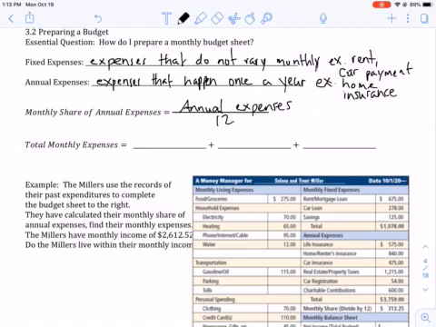Now, to find your total expenses for the month, we do our living plus our fixed plus this formula right here called our monthly share of annual expenses. And that tells us our total expenses for the month.